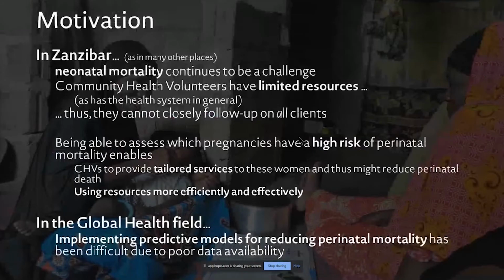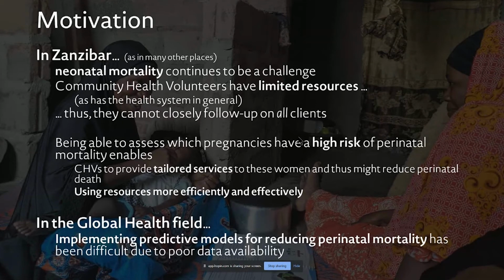So first of all, what was our motivation to do this? In Zanzibar, as in many other places, neonatal mortality continues to be a challenge. The numbers of neonatal mortality, the ratios, are still higher than what we want to achieve, for example, as postulated by the Sustainable Development Goals, and also according to the targets of the Zanzibar Ministry of Health.